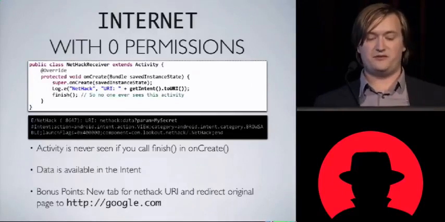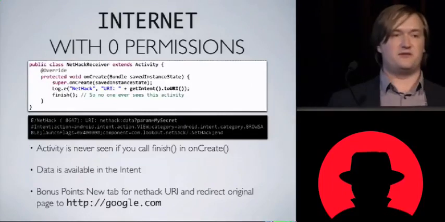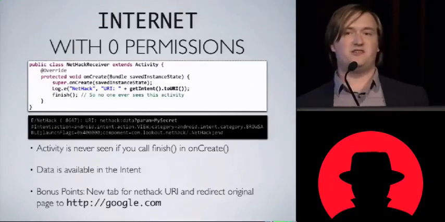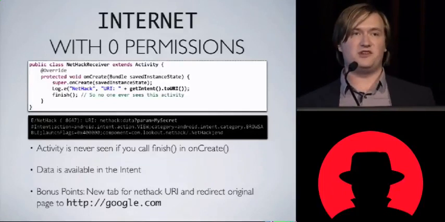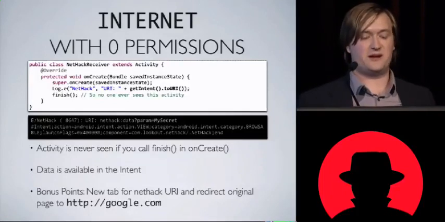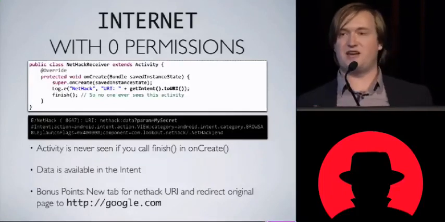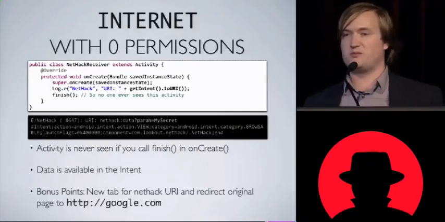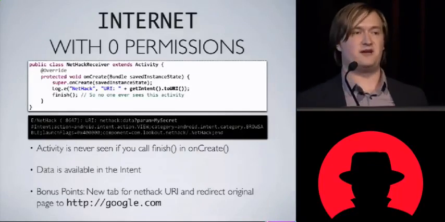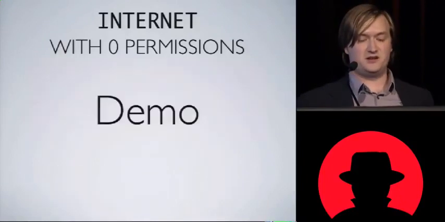And we call finish in the onCreate event here, and we never display any UI. This happens instantaneously. Nothing is seen by the user when something like this happens. Again, the same caveat that I pointed out before, you probably want to send the user off to another page so when they open their browser, they don't see anything funky.